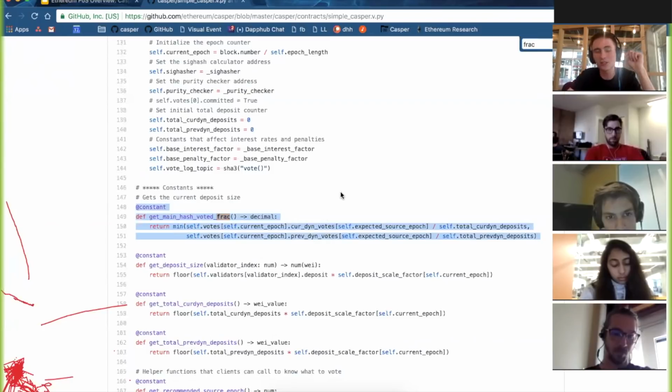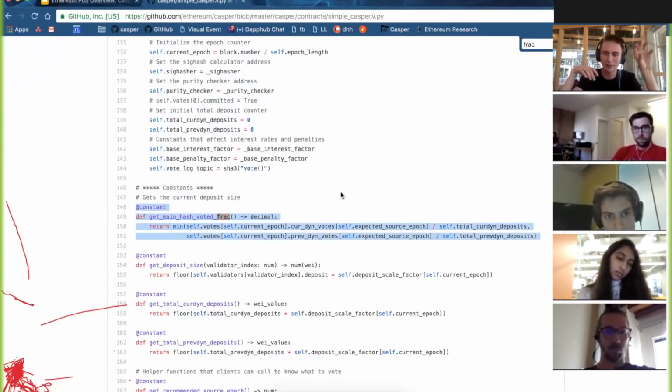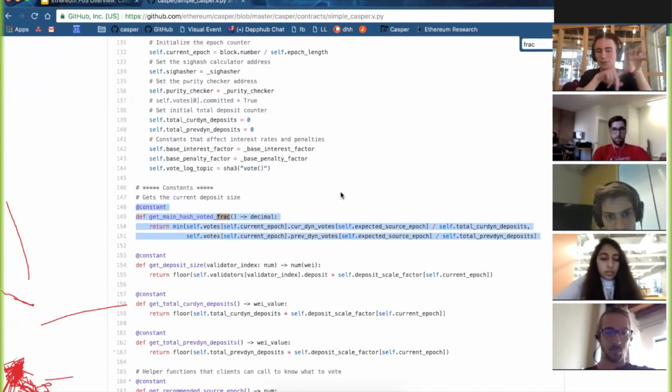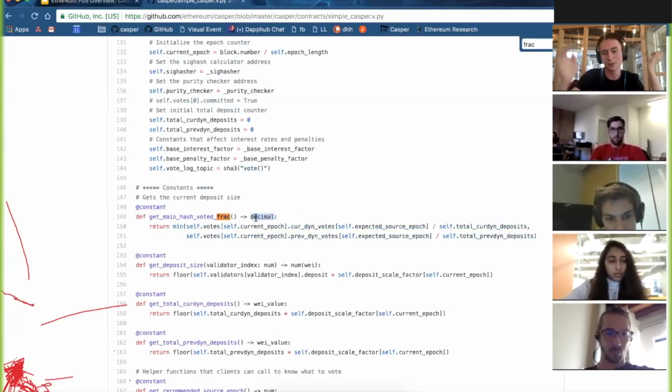As a node, I want to know how many votes are on the chain I'm looking at right now. I just query the Casper smart contract and it returns a decimal, which is the percentage that have voted. So it actually makes Casper super simple to implement.